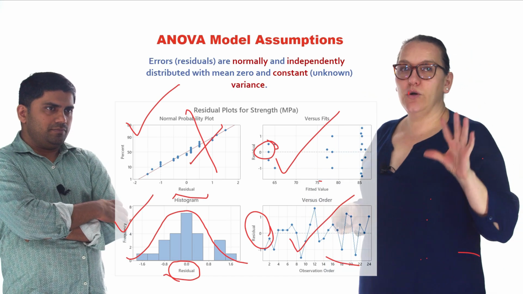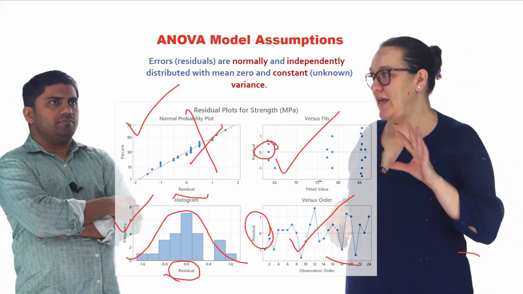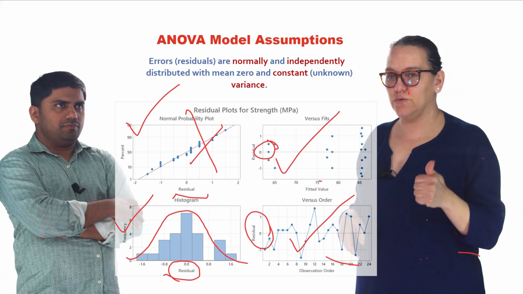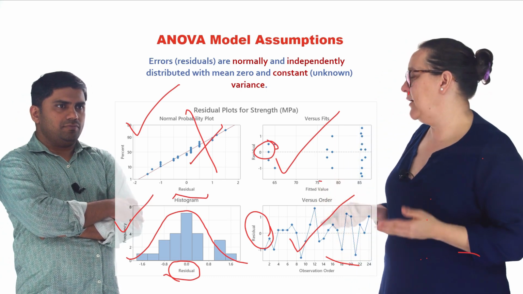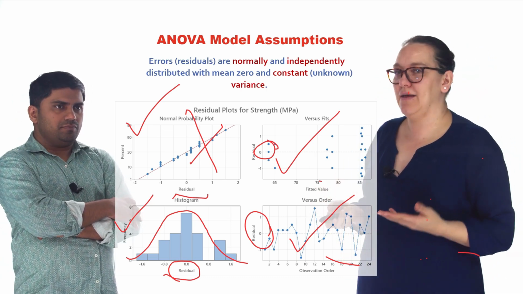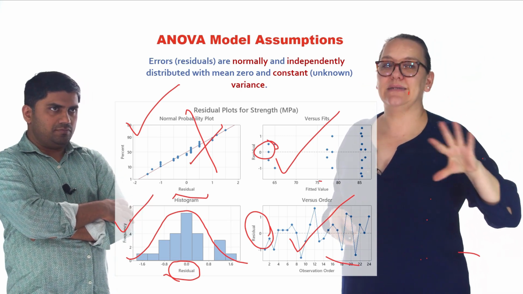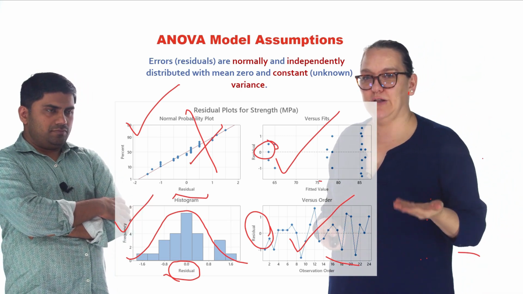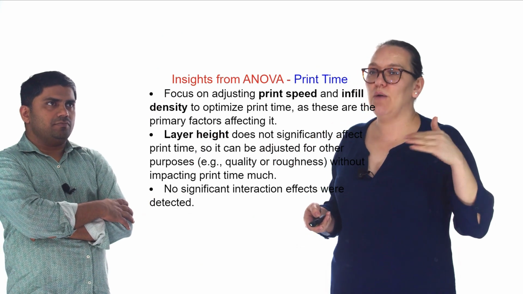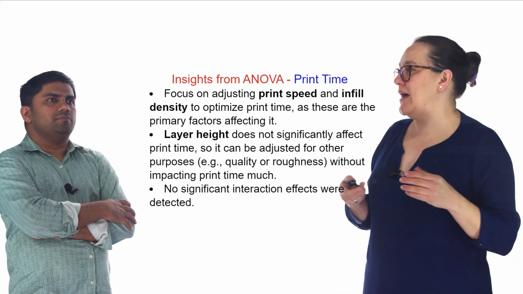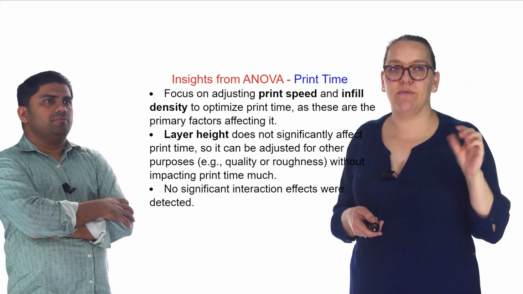You will need to look at the residual plot for each of the responses, because it could happen that in this case strength looks really good, but for the other two it may not. So I recommend you go and check the ANOVA table, get your insights, and also check the model assumptions. Here, when I was looking at all the ANOVA tables, I was taking notes of some of the insights.